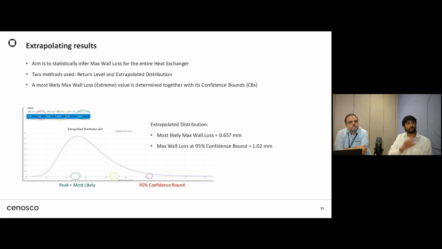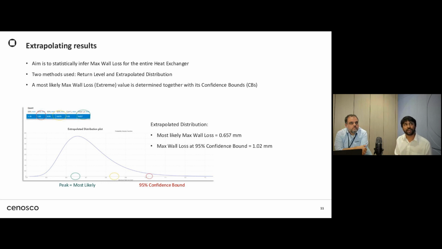As you can see from the chart further below, the extrapolated distribution plot, the peak of the plot is your most likely wall loss. In this case, the most likely wall loss is somewhere about 0.657, and the maximum wall loss at 95% confidence bound, which is highlighted in red, is 1.002 millimeter. What does maximum wall loss with 95% confidence bound mean?